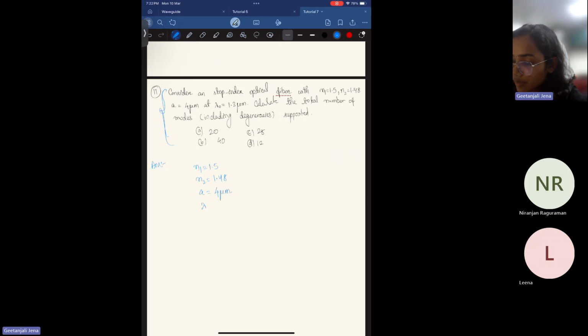Lambda 0 is given as 1.3 micrometer. Calculate the total number of modes, including degeneracy, supported.